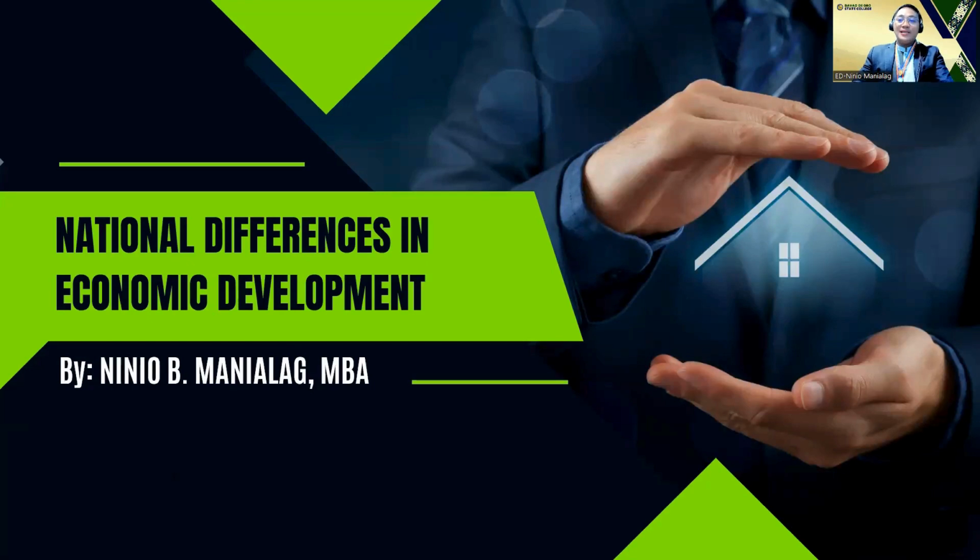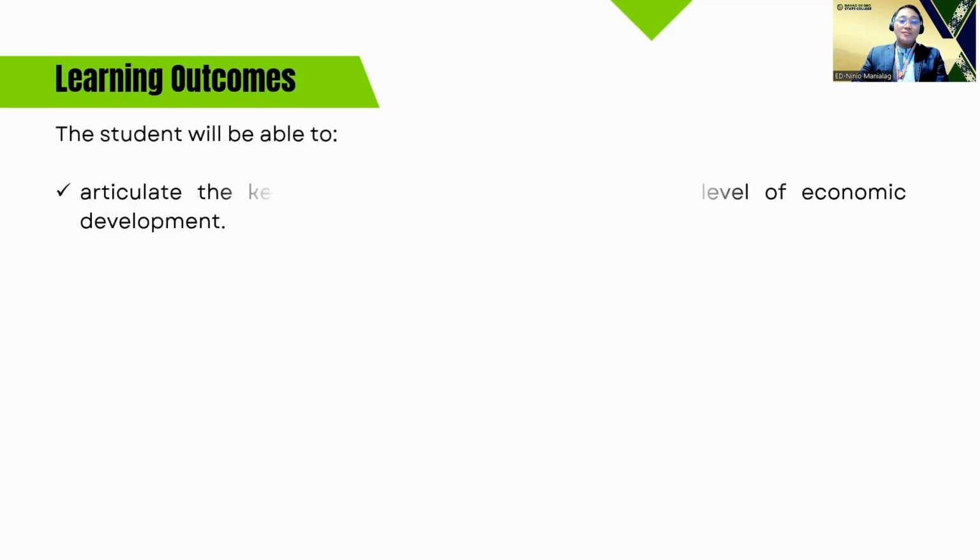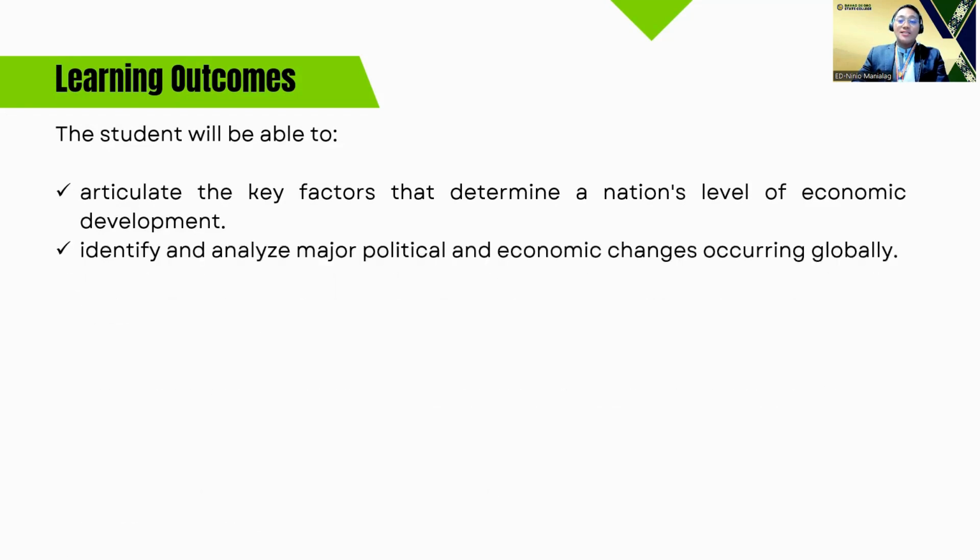So our main lesson is focusing more on the national differences in economic development. So let's start with the learning outcomes. At the end of this lesson, the student will be able to articulate the key factors that determine a nation's level of economic development. Second is identify and analyze the major political and economic changes occurring globally.